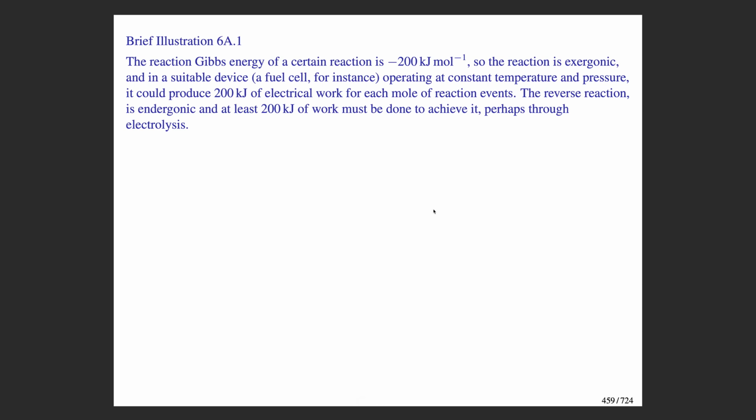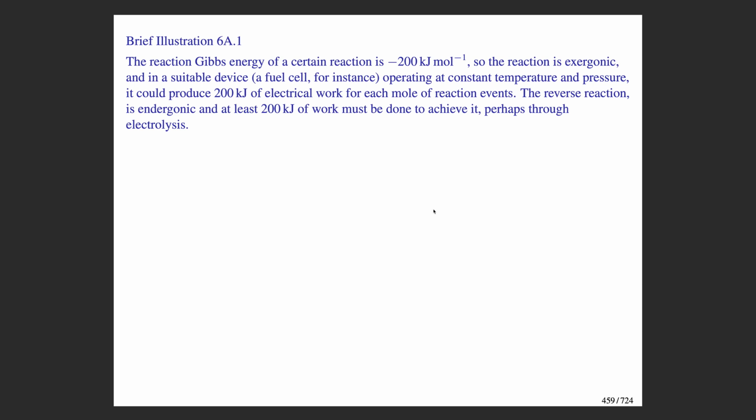This illustration is really just discussing it in terms of a slightly more concrete example. If you had a chemical reaction whose reaction Gibbs energy is negative 200 kilojoules per mole, that tells you that the forward direction is spontaneous.